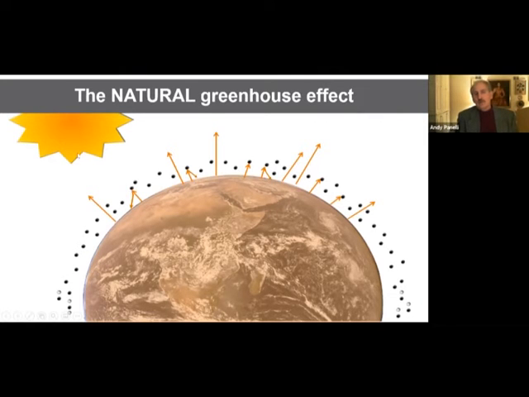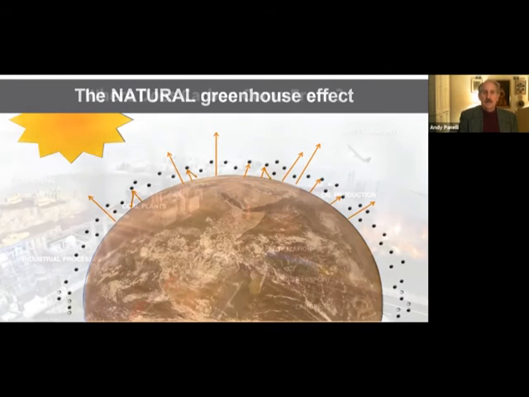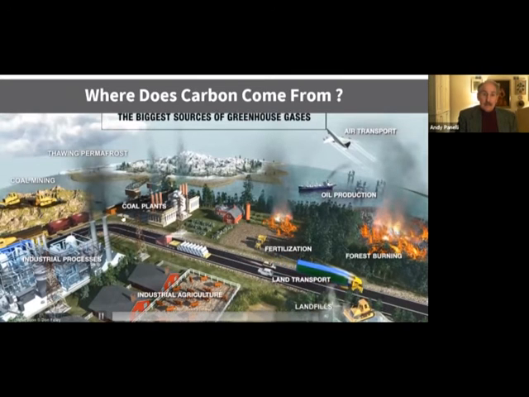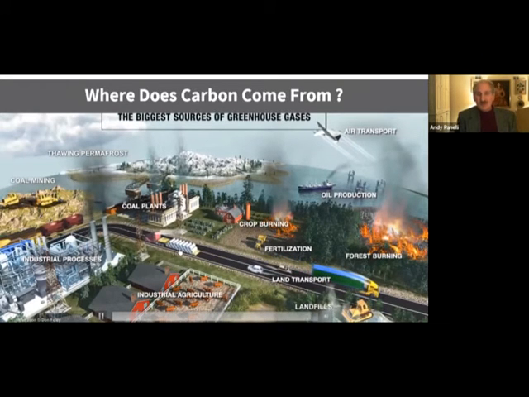This greenhouse gas layer lets the solar energy from the sun in, it heats up the earth, and then the earth emits the heat back out as IR energy, and that gets trapped by that greenhouse gas layer. And that's a very good thing, because the earth would be about 60 degrees cooler if we didn't have that greenhouse gas layer.